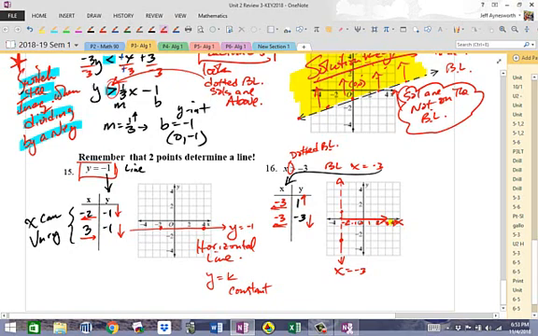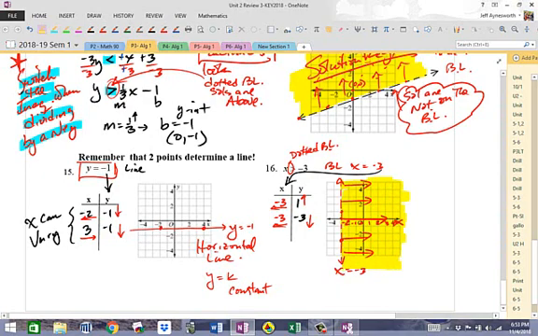So you just have to use your common sense here. Where are the values on the x-axis that are greater than -3? They're to the right. So what you want to do is graph all coordinate pairs which have an x coordinate greater than -3, and who cares what the y coordinate is? They lie to the right of this vertical line.